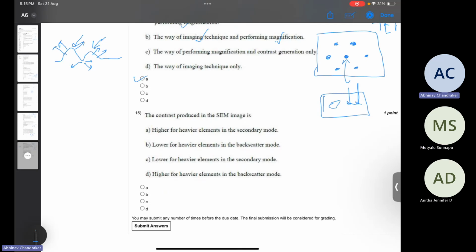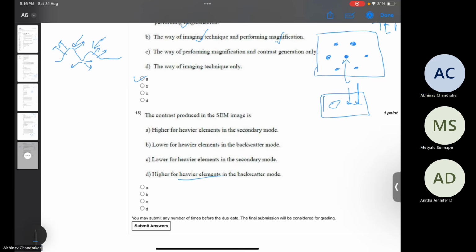Okay, so let us try to understand this. There will be a contrast when heavy elements and light elements have a different effect on the BSE or SE electron generation, right? If lighter elements generate in a different way, in that case we'll see a difference based on the atomic number.